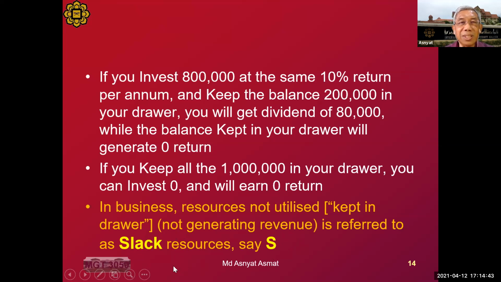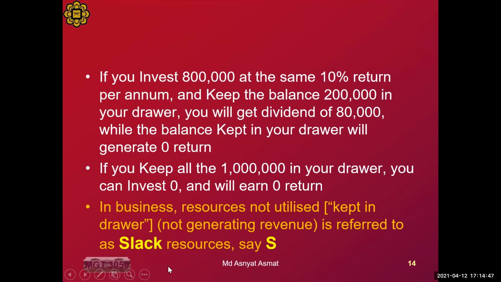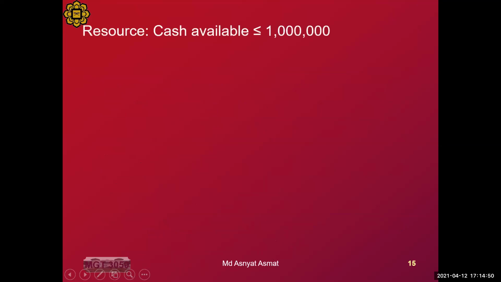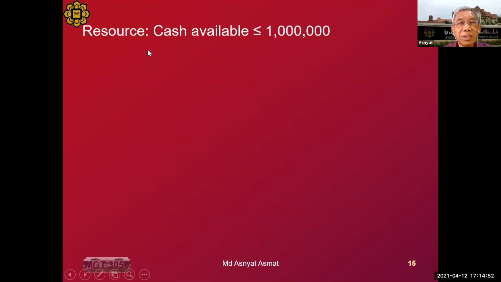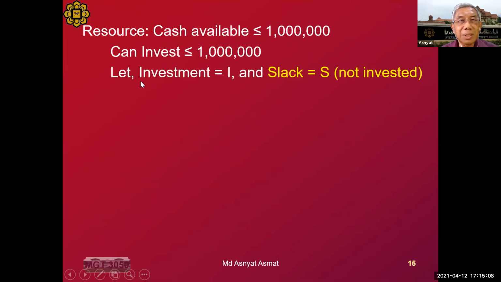Let's write this in some form of equation. So let's say we have cash, the resources made available to you, 1 million. So you can invest up to 1 million, anything less than 1 million. So let's write it into our equation. Let's say I is investment.